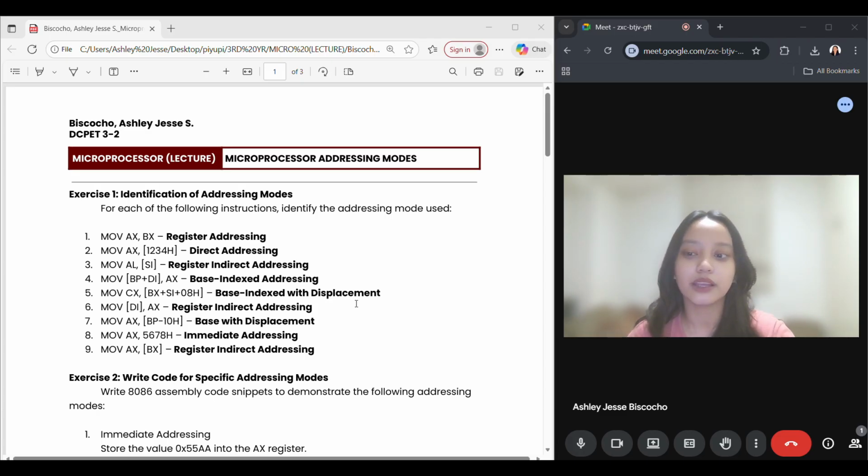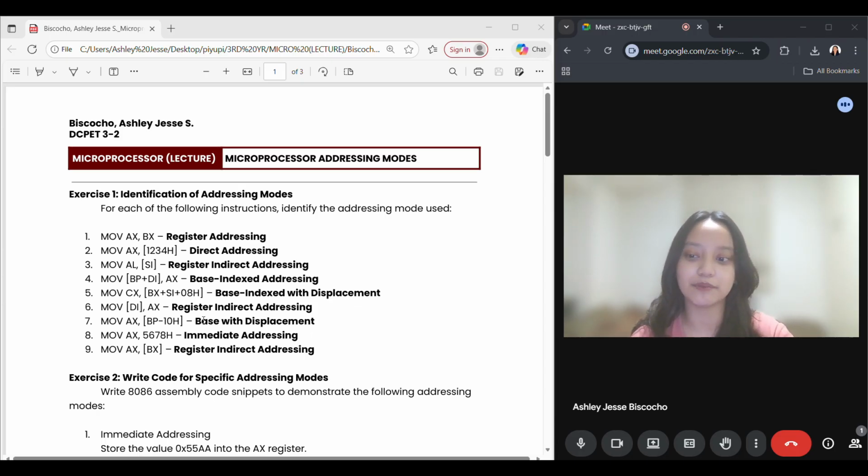For base index addressing and base index with displacement, we have instructions MOV [BP+DI], AX and MOV CX, [BX+SI+08H]. The CPU calculates the effective address using multiple registers plus an added displacement value.